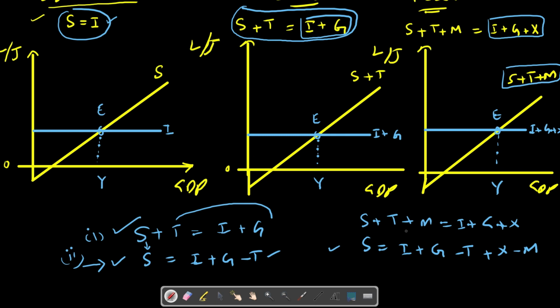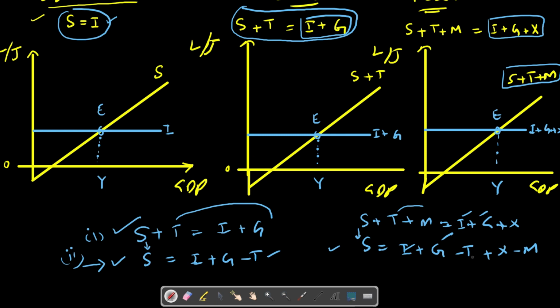What I did here is I posted saving as it is, then the equal sign, and then investment and government expenditure. Then I moved taxes to the other side of the equation, and when we change the side, we change the sign as well.